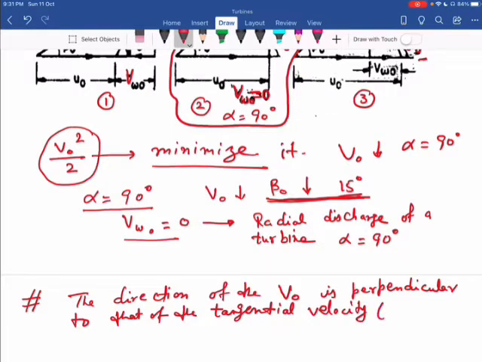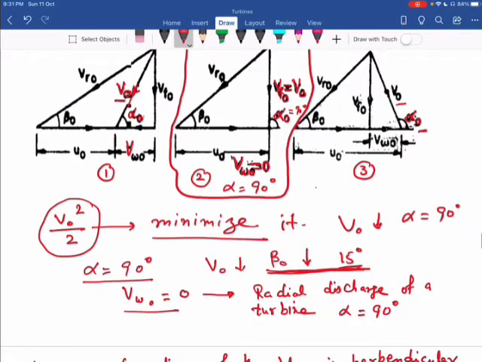So the tangential velocity at outlet, I can write as UO. So VO, this is VO, is perpendicular to U or UO.